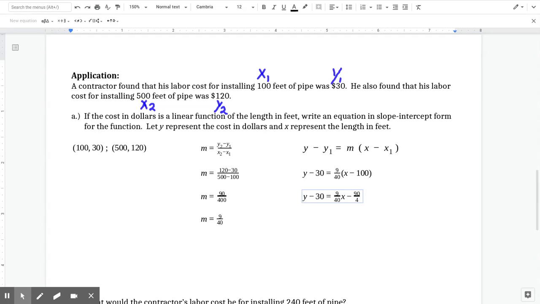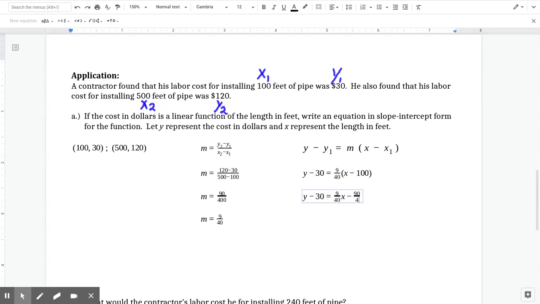which typically we want to keep fractions involved in here, but we are talking about money in this example. And in terms of money, a lot of times we do have decimal values. So if this 90 over 4 is a nice decimal value, I'm going to suggest that we go ahead and use it for future reference of calculating cost.